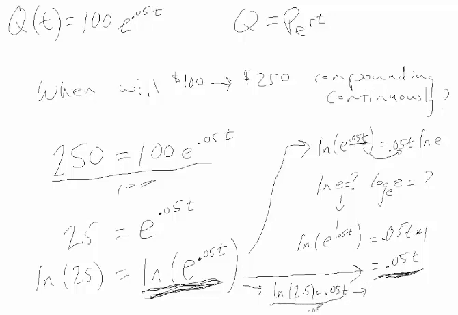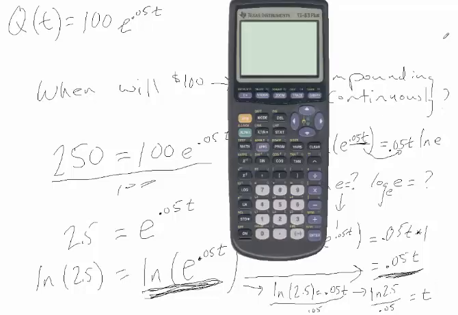Divide both sides by 0.05. You've got ln of 2.5 over 0.05 equals t. And using your fancy calculator, ln 2.5 divided by 0.05 equals about 18.33.